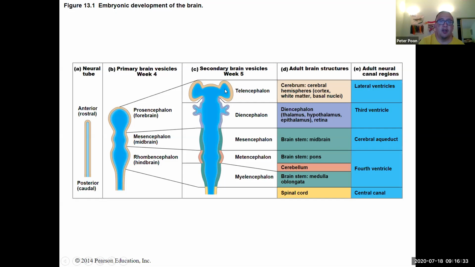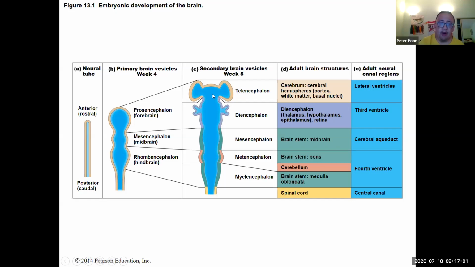From there, the prosencephalon turns into the diencephalon and telencephalon. The mesencephalon stays the same, and the rhombencephalon turns into the metencephalon and myelencephalon. I know these three sound kind of similar to each other, but just remember they're in alphabetical order. That's how I remember these three.